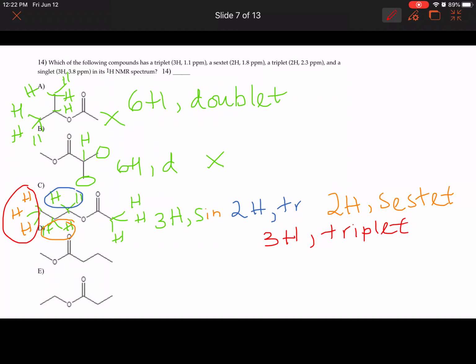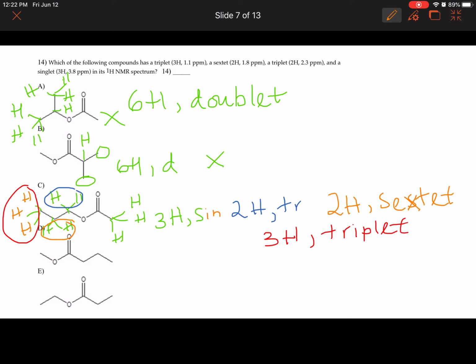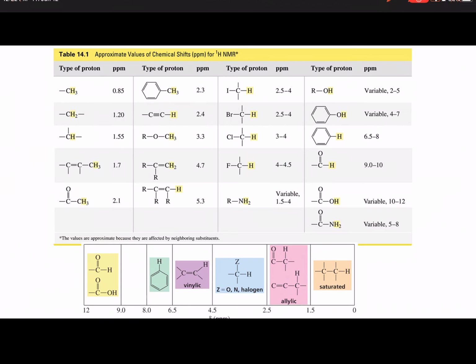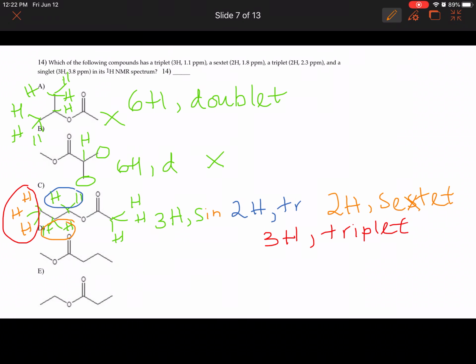A sextet, 2 hydrogen, sextet, S-E-X-T-E-T. And a triplet 2 hydrogen, we have that also. And a singlet 3 hydrogen. So all of those are available there. So that looks like the correct structure.